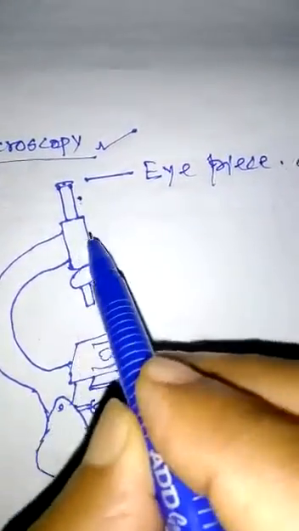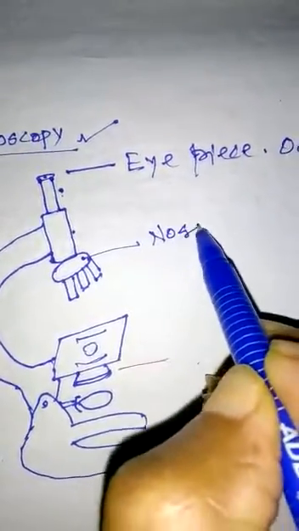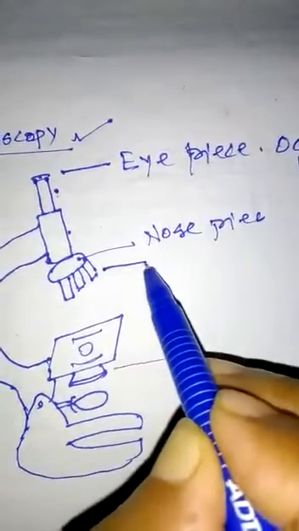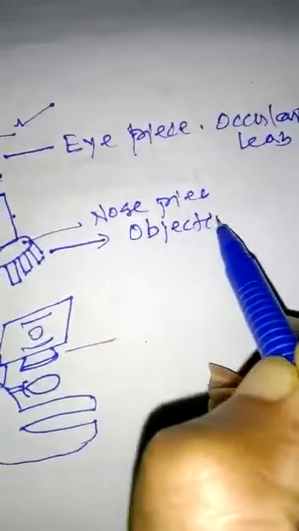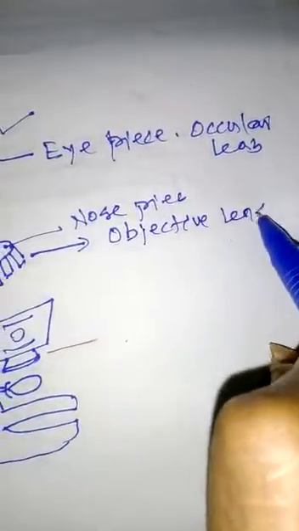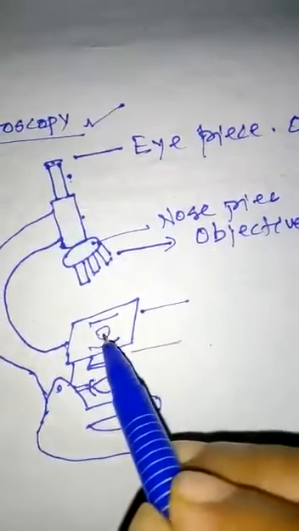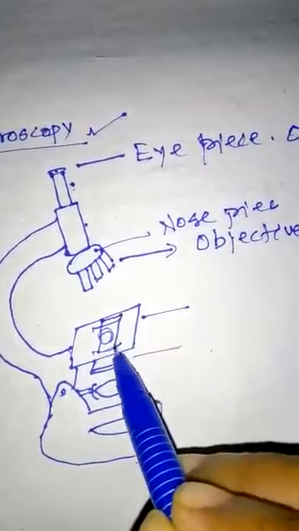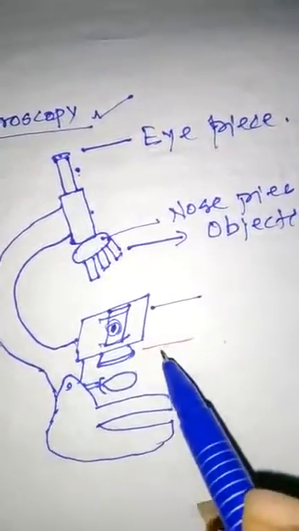This is the draw tube, this is the body tube, this is the nose piece, to which 2 or 3 objective lenses are attached. This is the stage having a hole where a slide containing the object can be placed for viewing.